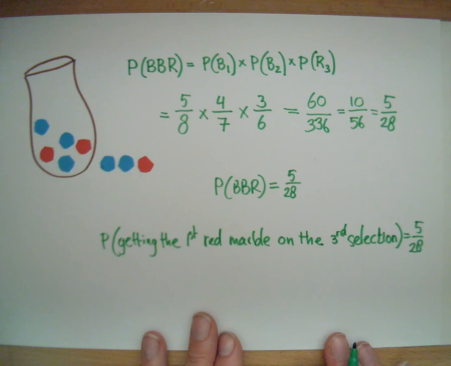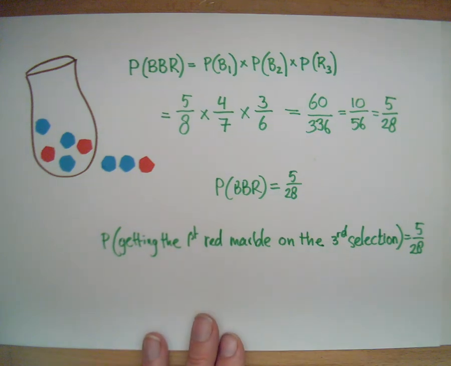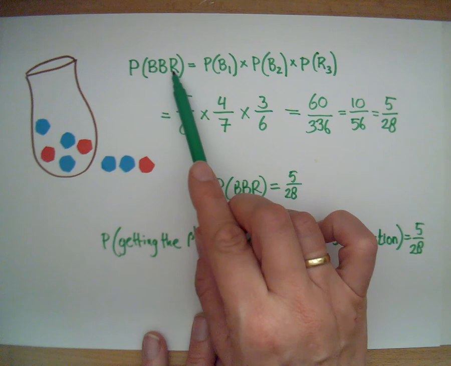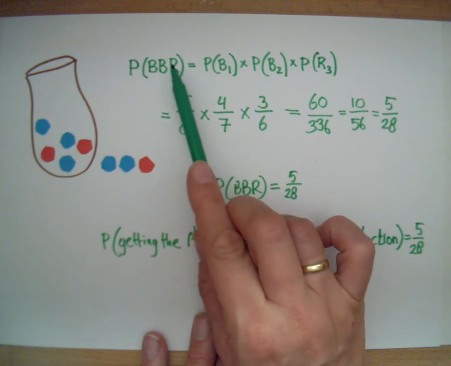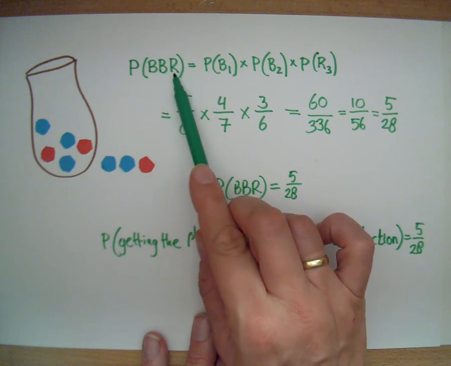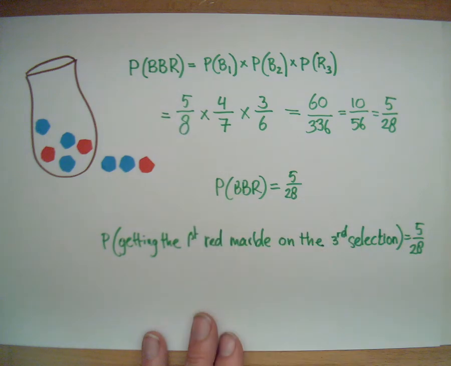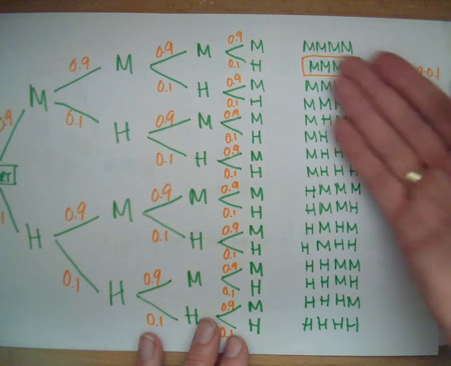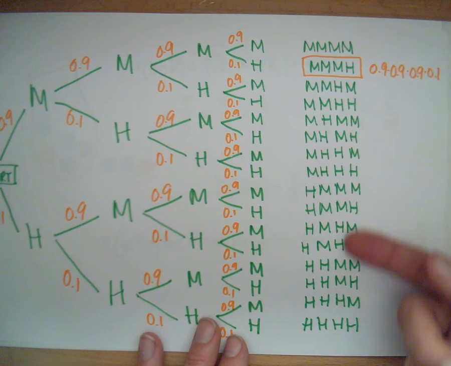All right, cool. And we did this without using a probability tree. And the reason that it was fairly simple, even though these are dependent events, is because there's only one way of getting red for the first time on the third draw, right? If the question was, say, what are the chances of getting 1 hit in 4 attempts?